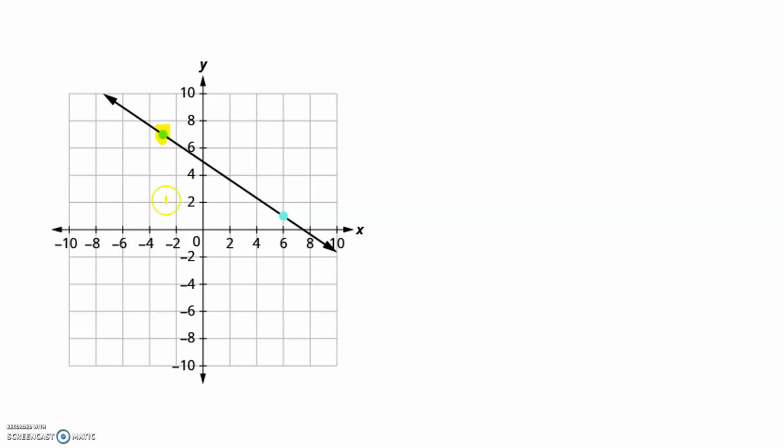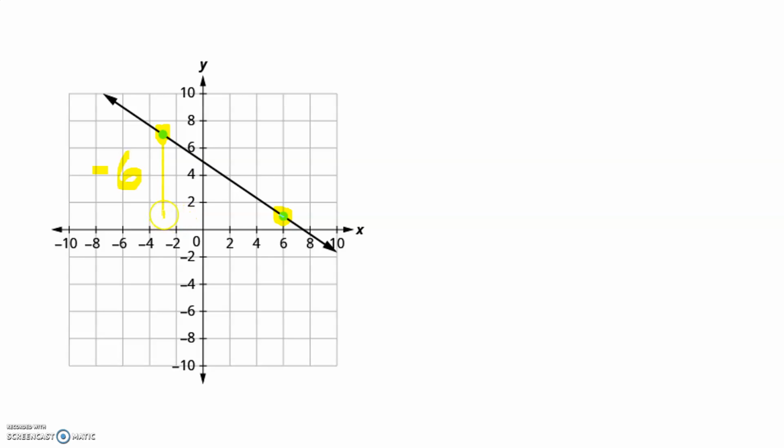If we follow it down to get to this other point over here, we go down, that's 1, 2, 3, 4, 5, 6 units to get from 7 to 1. Okay, so down 6. So we're going to say this is -6.